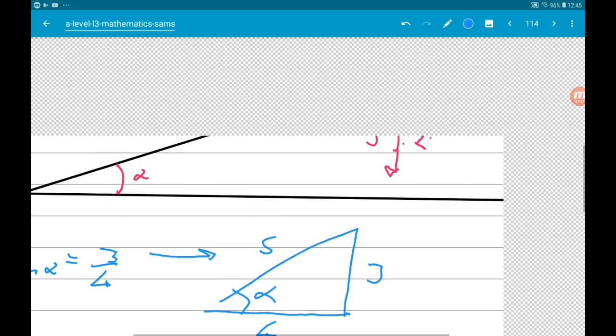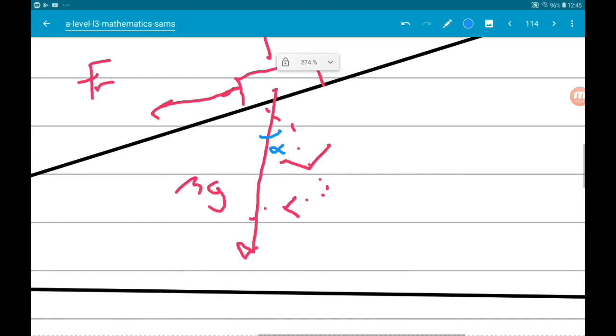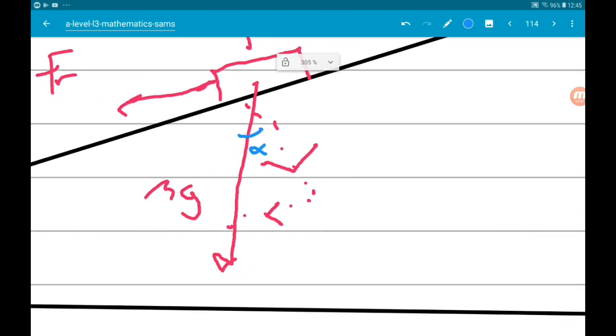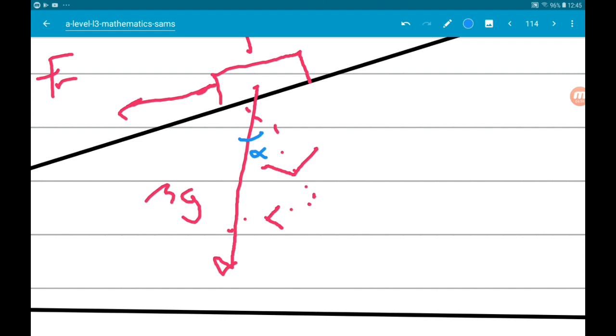Okay, so using SOHCAHTOA, with regards to the angle alpha, the mg is the hypotenuse, the component working down and right is the adjacent, and the one working down and left is the opposite. So, by SOHCAHTOA, the adjacent is equal to the hypotenuse times cos of alpha, so that's 4/5 mg.